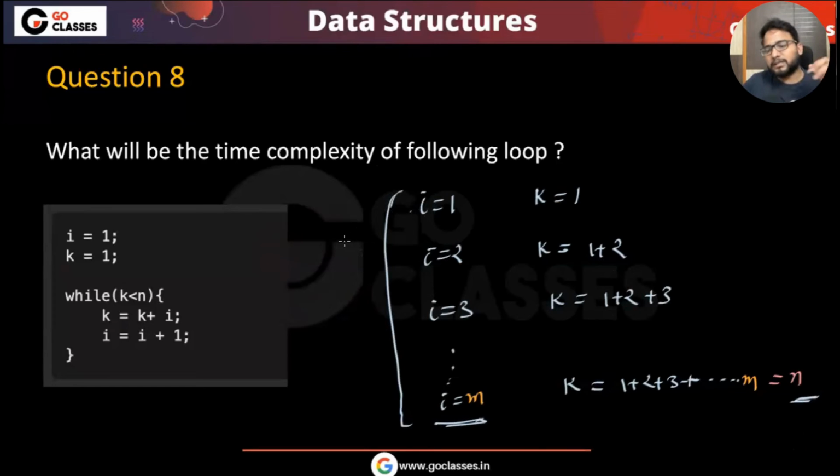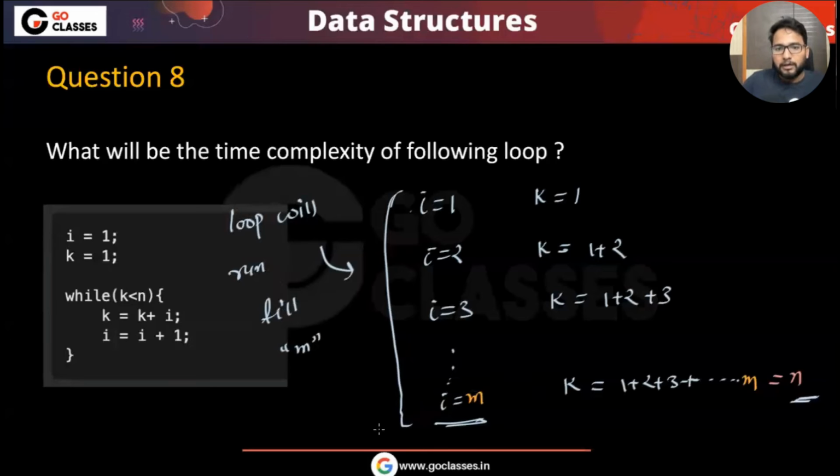So the loop will run till m iterations, right? And in every iteration, I'm just doing a constant number of operations, so that doesn't matter. That is why the time complexity is theta of m.